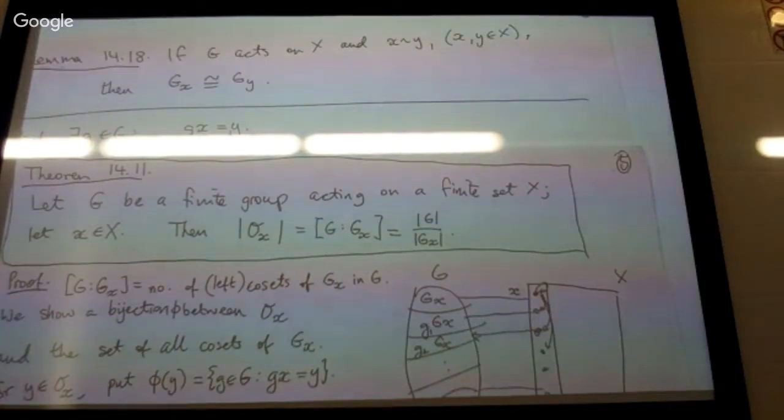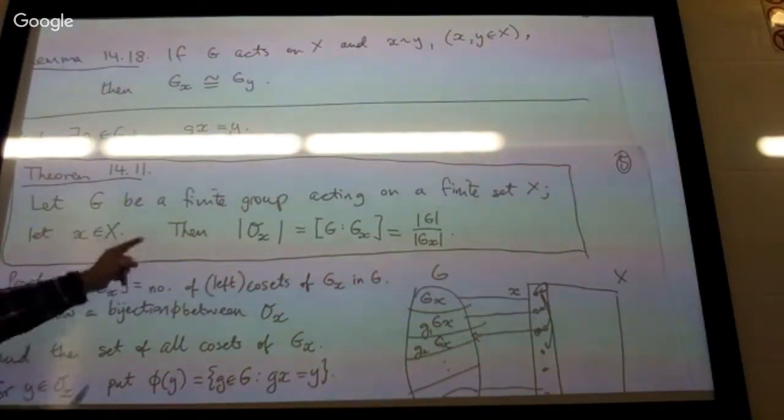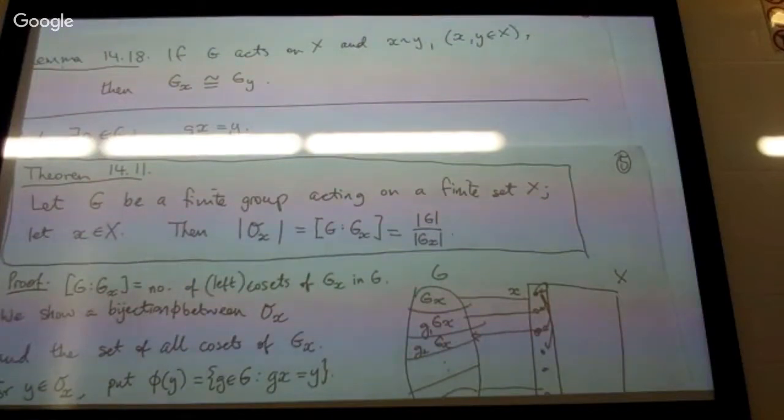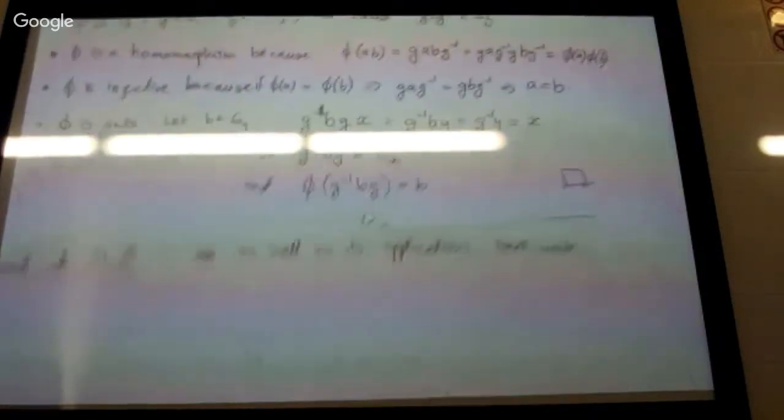Or in other words, the order of the group is equal to the order of the stabilizer times the size of the orbit. Okay, so these are the ingredients that we have.